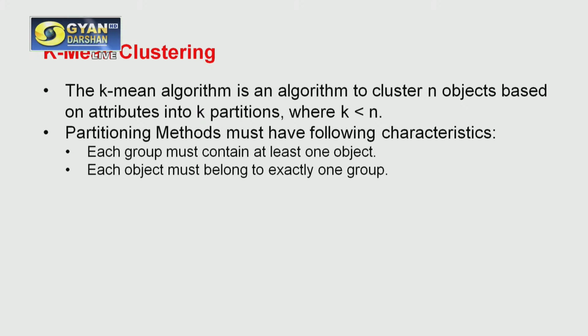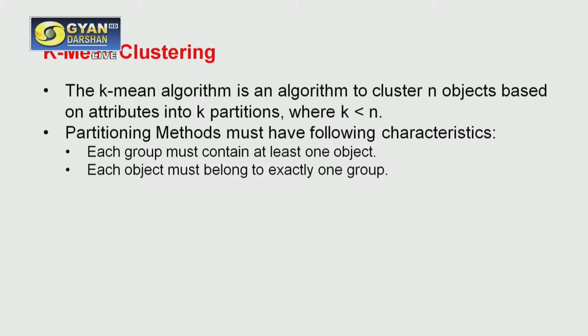In the k-means partitioning technique, we need to group the objects into a number of clusters based on whatever criteria we are looking for, and the condition we need to satisfy is that k should be less than n. What is k here? K is the number of clusters or partitions we have.